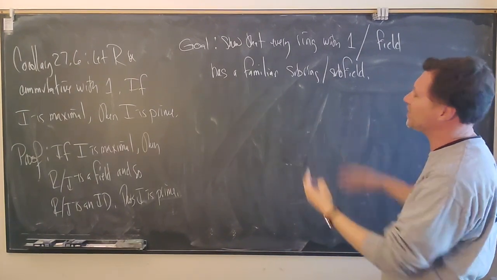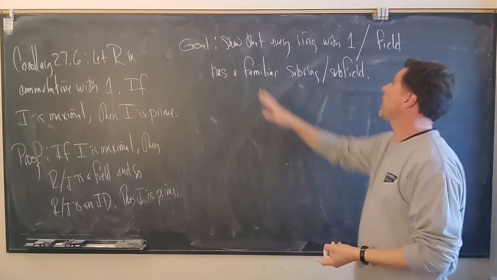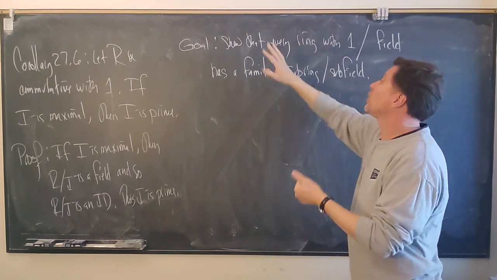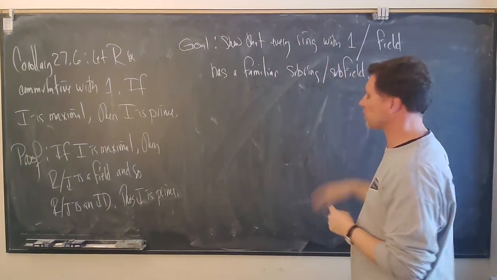So this is kind of two statements rolled into one here. First, we show that every ring with 1 has a familiar subring, and show that every field has a familiar subfield.